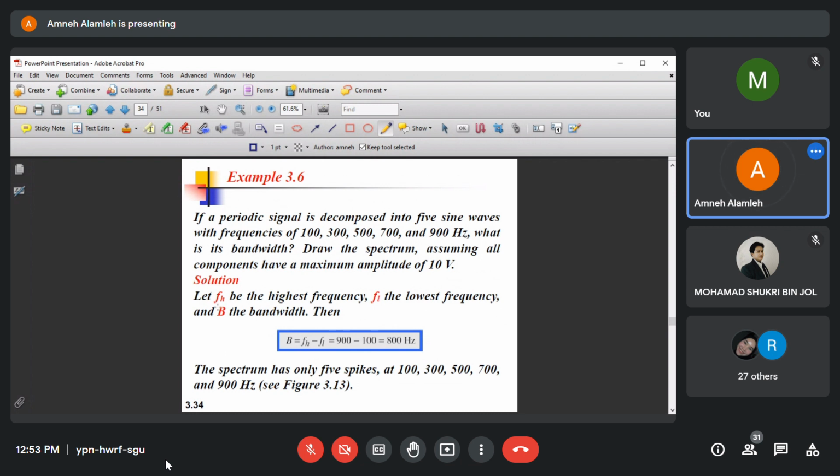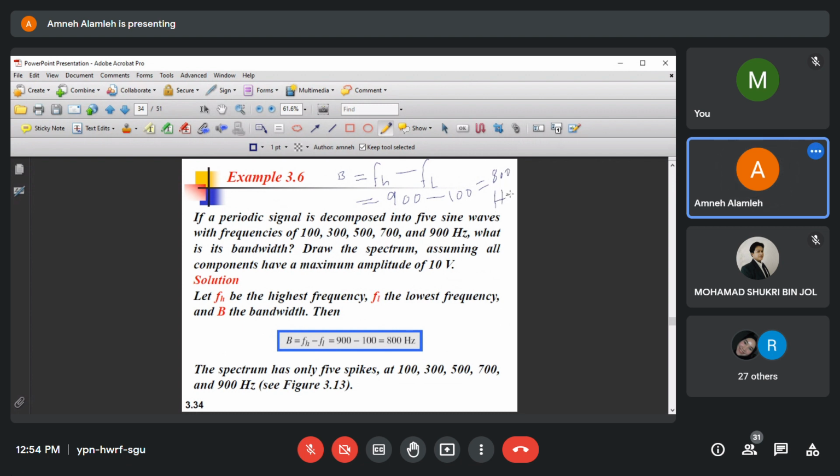The solution: we said that the bandwidth B equals frequency high minus frequency low. So, what is the highest? It is 900 minus, what is the lowest? It is 100. What is the answer? The frequency unit, what is it? 800 what?